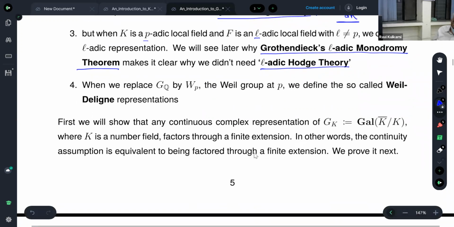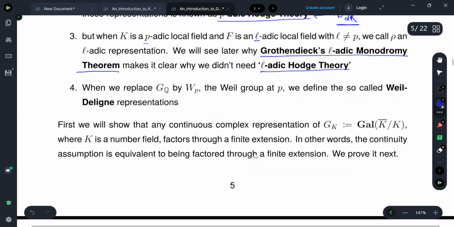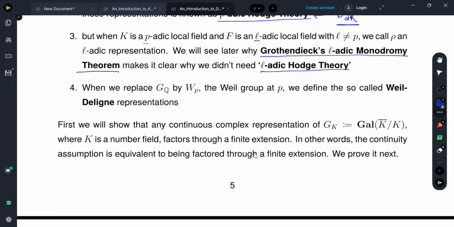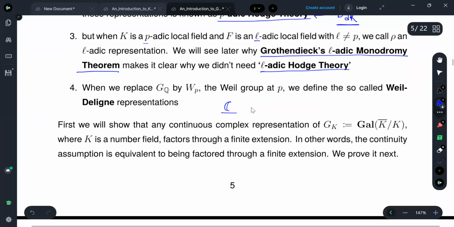Okay. Now we show why we don't consider complex valued representations. While talking about representations, we might think that the field C is the most natural thing that should come to mind, but we are only concerned with p-adic fields.